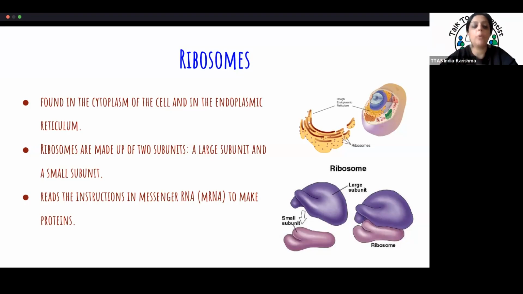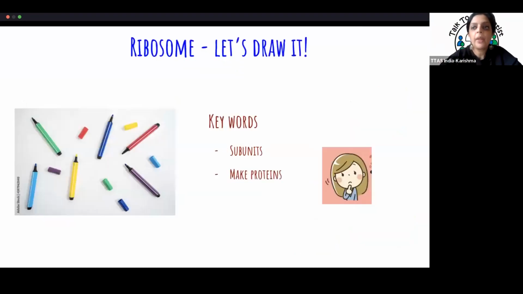Okay, so I've said some key points. We'll move to the next slide. The key points are, they have two subunits, a big head and a small head. They make proteins. They're found in the cytoplasm. They're also found in the endoplasmic reticulum. So how will you show this in your art? And these are ribosomes that make proteins in the cell.